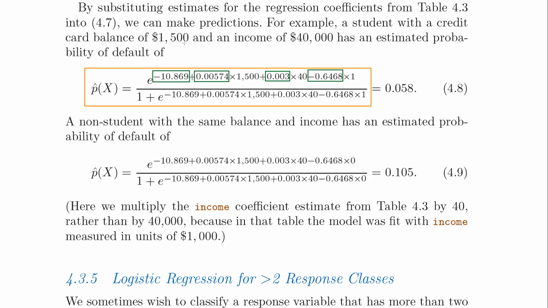And we plug in the 3 characteristics. So let's say we have a student, so 1, not 0, credit balance of 1,500, and we're measuring in thousands over here. That's just how we've parameterized the model.